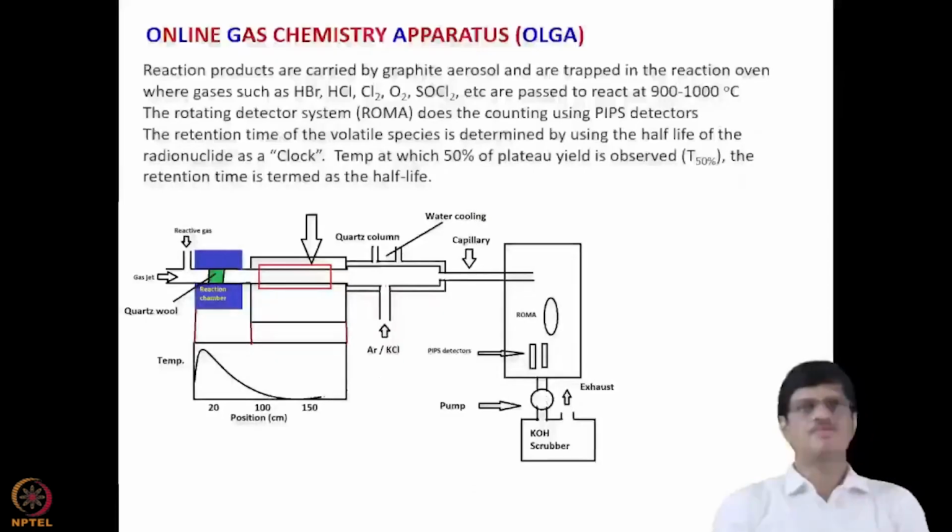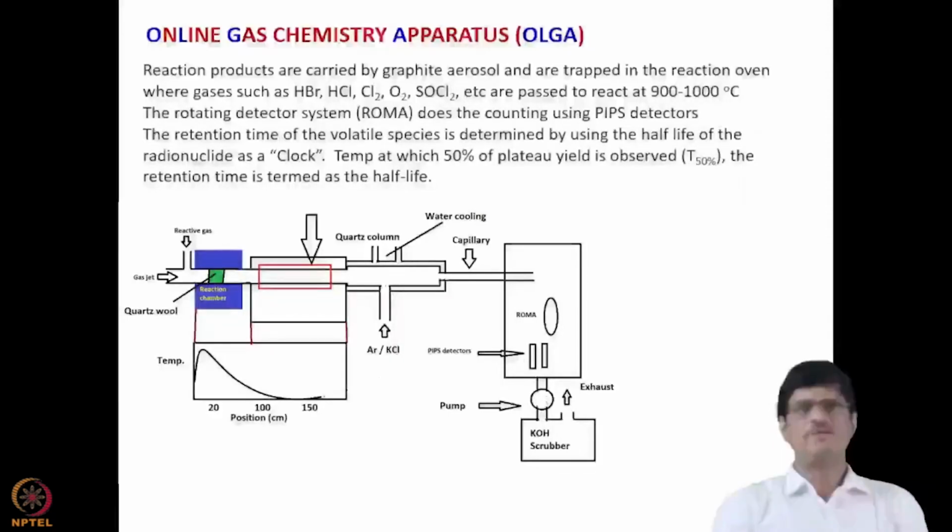In this case, the reaction products are carried by graphite aerosol and are trapped in the reaction oven, where gases such as hydrogen bromide, hydrogen chloride, chlorine, oxygen, or SOCl2 are passed and allowed to react with the transactinide atoms coming from the reaction chamber where the heavy ion reaction is taking place. The reaction is done at around 900 to 1000 degrees Celsius.